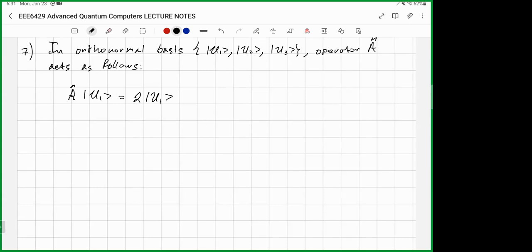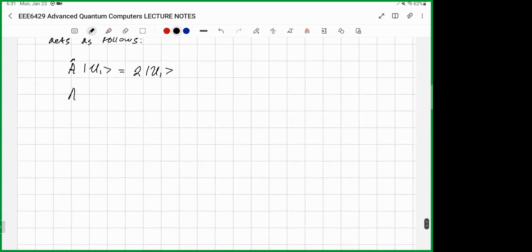2 times longer. When the same operator acts on the second vector from this basis, the result is, for example, 3u1 minus i u3.